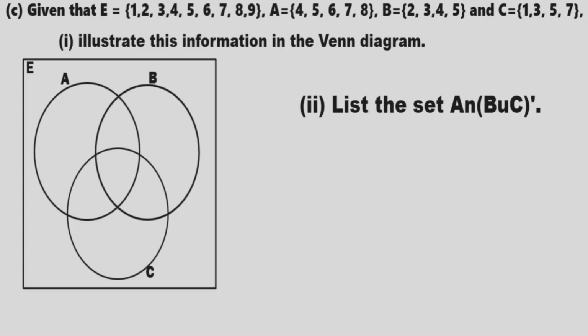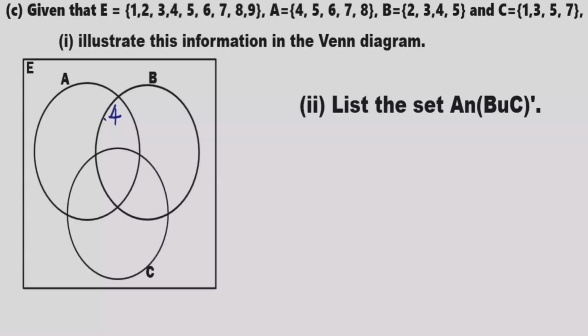No. So 4 is not found in all the sets. 4 is only found in A and B. That means 4 will be at the intersection of A and B, so we record 4 here. 4 is a member of set A intersection B.